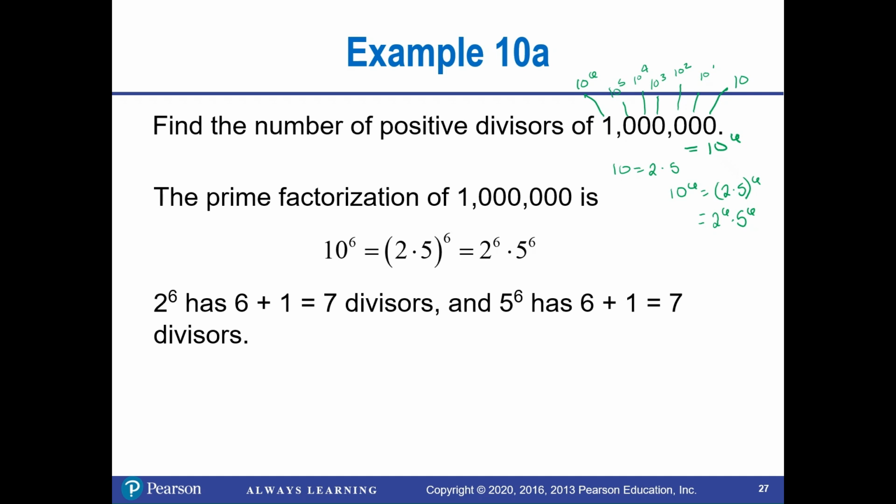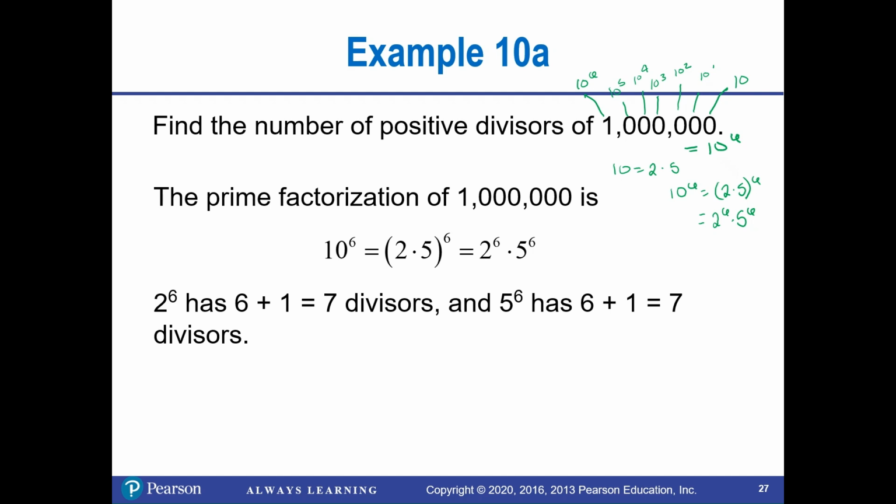So we notice that 2 to the 6th power has 7 divisors, and 5 to the 6th power has also 7 divisors, because 2 to the 6th power is divisible by 2, 2 to the 2nd power, 2 to the 3rd power, 2 to the 4th power, 2 to the 5th power, 2 to the 6th power, and 1. So that's 7 divisors, and same goes for 5 to the 6th power.